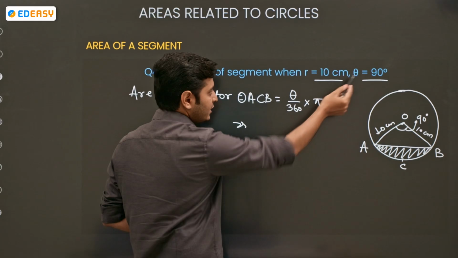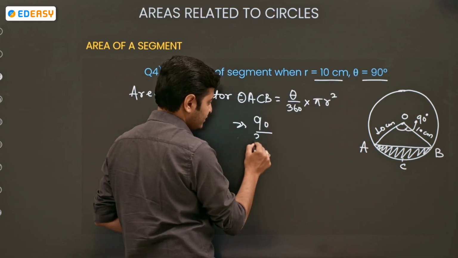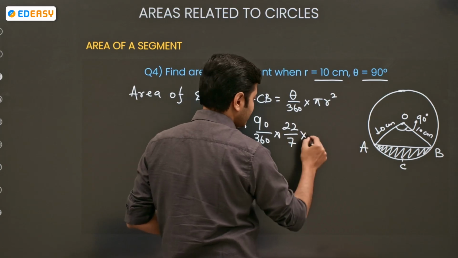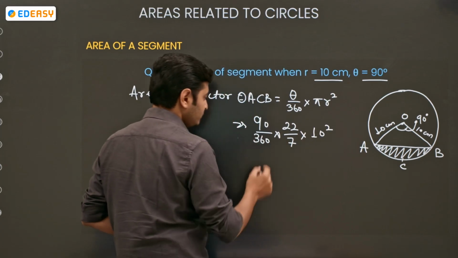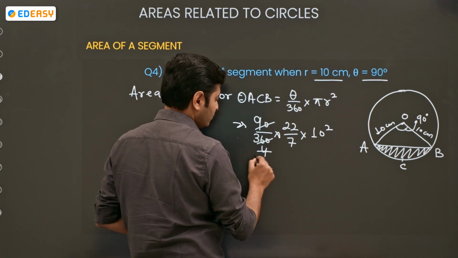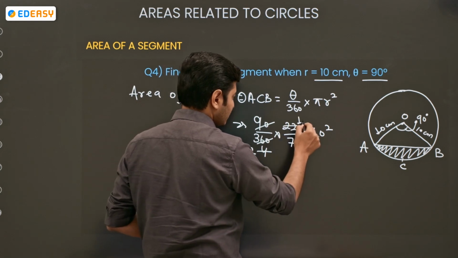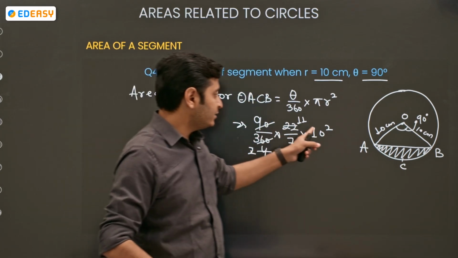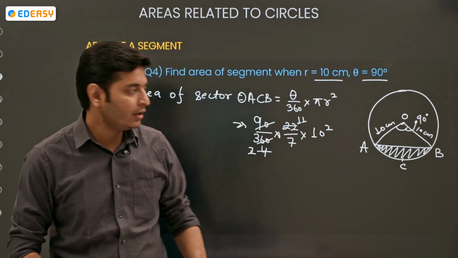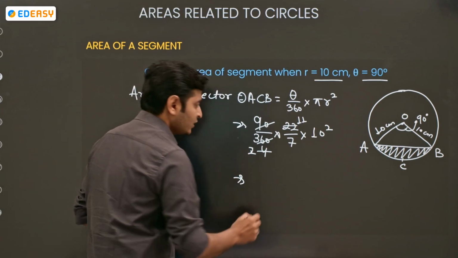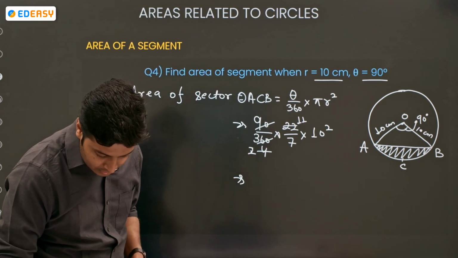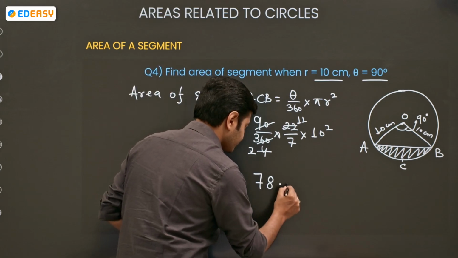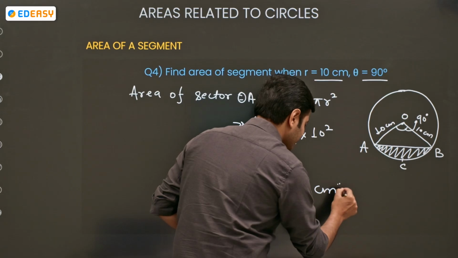Theta is 90 degrees, so it is 90 by 360 into pi, which is 22 by 7, into r square, that is 10 square. 1 by 4, 2, 11. This 2 can also divide this. So right now it is 11 into 10 square, that is 100, so 1100 by 14. The value is 78.57 centimeter square.